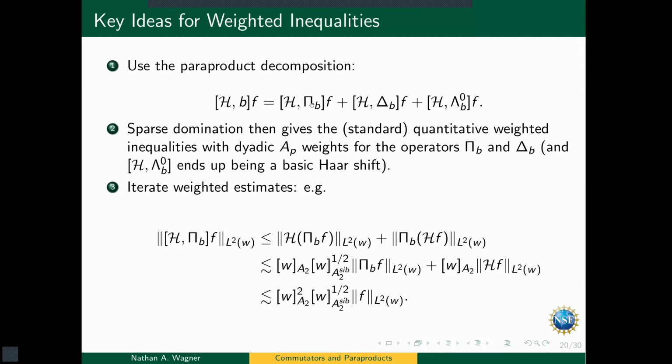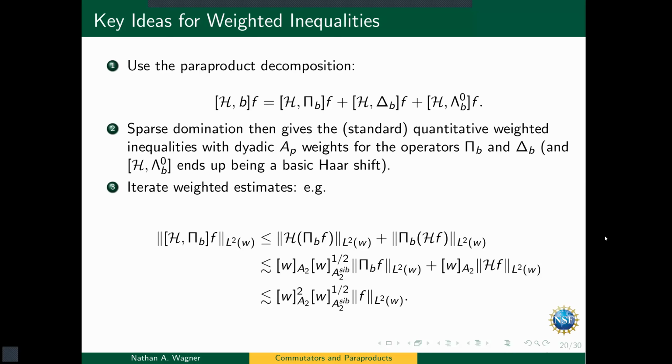So for example, pi b has certain weighted estimates that come from it having sparse domination. The operator h is also known to satisfy certain non-standard weighted estimates. That's where this A2 sibling class comes in. And so I can peel off in turn the operator h and the operator pi b, for example, to get weighted inequalities for the commutator.